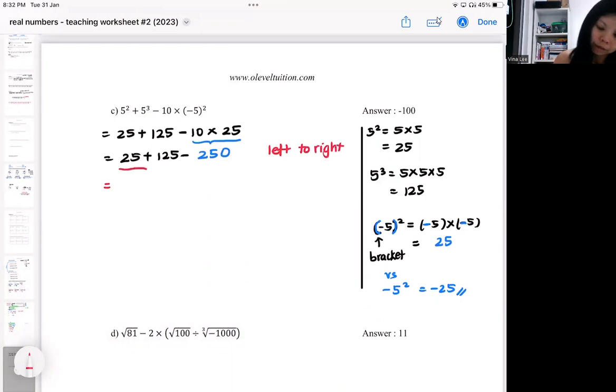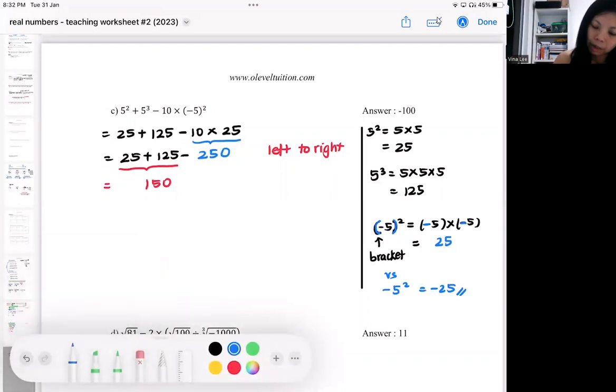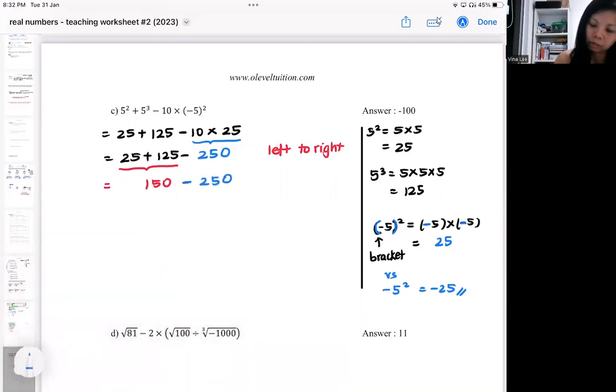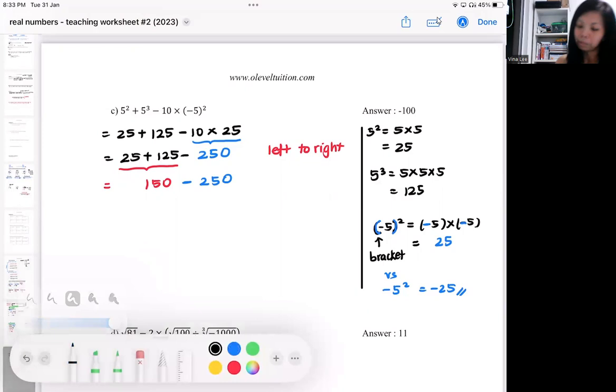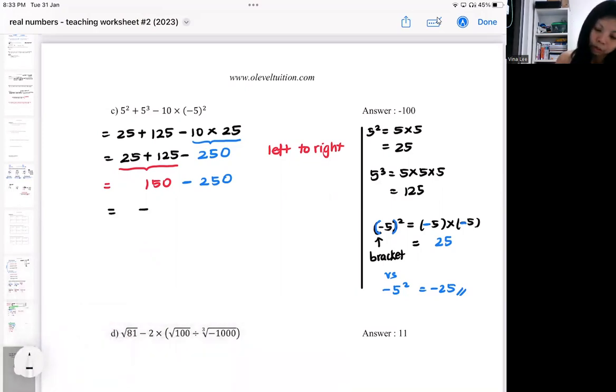And then the minus 250 is at the back. So while you are handling the 25 plus 125, you should still be writing the minus 250. That means the minus 250 is actually waiting for you. Then you got a small number minus a big number. So you got a negative 100. So you got to be showing the steps very clearly.